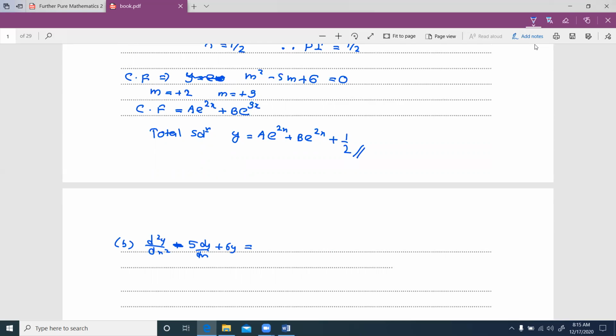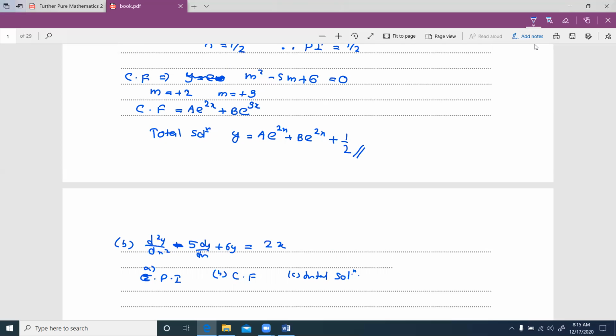Now they ask you to replace it with 2x. Initially, they need you to find the particular integral as part A, the complementary function as part B, and the total solution as part C.